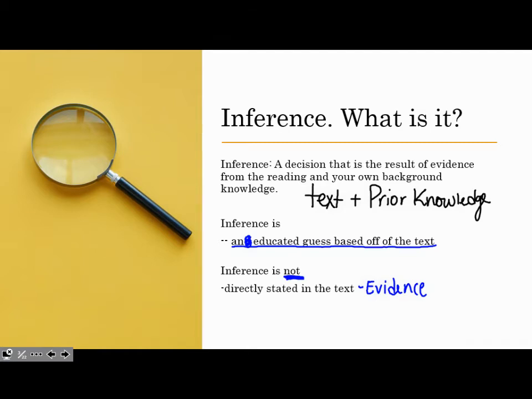So evidence is something that we find directly in the text, and it helps us to prove our inference. It proves that our inference, or our guess, is correct. So that's what an inference is. And remember that inference is also related to that word infer, that both of these things go together.